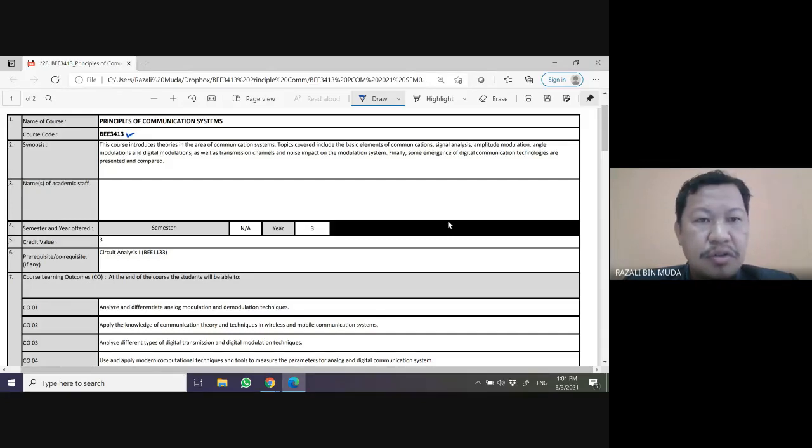This course introduces theories in the area of communication systems. Topics covered include the basic elements of communications, signal analysis, amplitude modulation, angle modulation, and digital modulations, as well as transmission channel and noise impact on the modulation systems. Finally, some emergence of digital communication technologies are presented and compared.